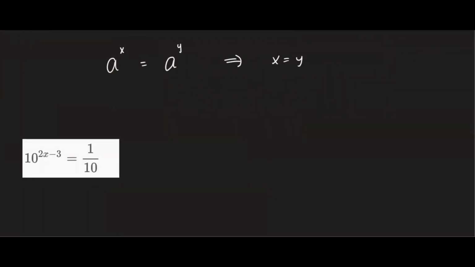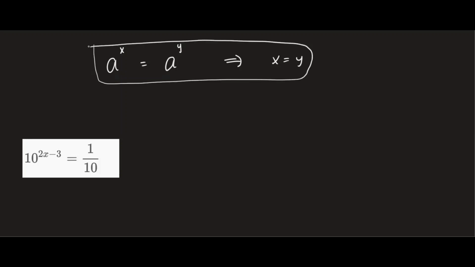For example, this one: I have 10 to the 2x minus 3 on the left-hand side, and on the right-hand side, I have 1 over 10. In order for us to solve this, we want to use this rule up here and then solve for x. So I want both sides to have the same base. I'm going to rewrite the right-hand side as 10 to the power negative 1, because that's 1 over 10.